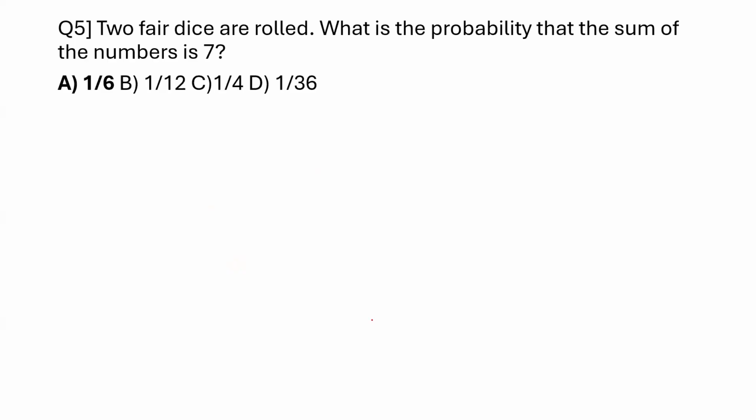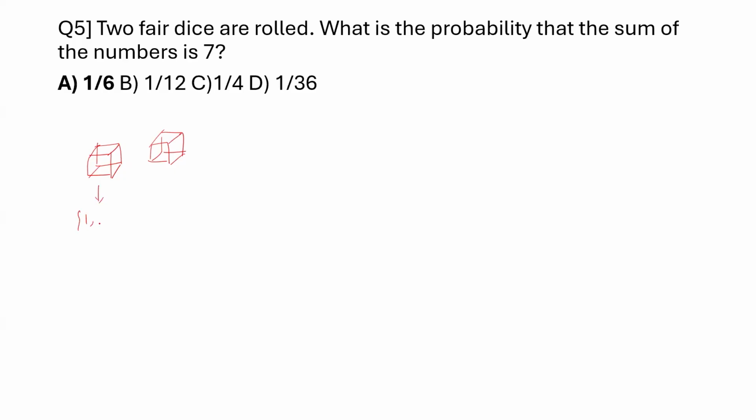Okay. Next problem. Two fair dice are rolled. What is the probability that the sum of the numbers is 7? So here you have 2 dice, and you are rolling 2 dice. Now you are interested in the sum of the outcomes, right?